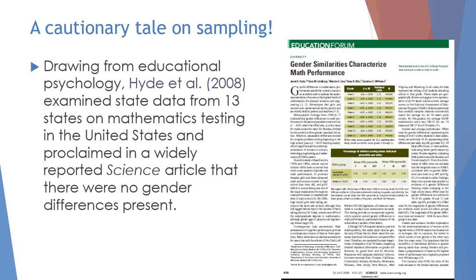Hyde et al. 2008 examined state data from 13 American states on mathematics testing, and they published this data in a widely reported science article that argued that there were no gender differences present.